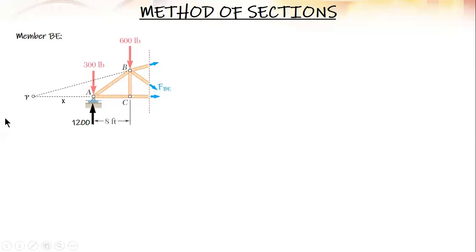So how do we solve for X? We will use ratio and proportion, similar triangles. We extend this one and form the triangle, vertical is to horizontal. The 8 is the same here.